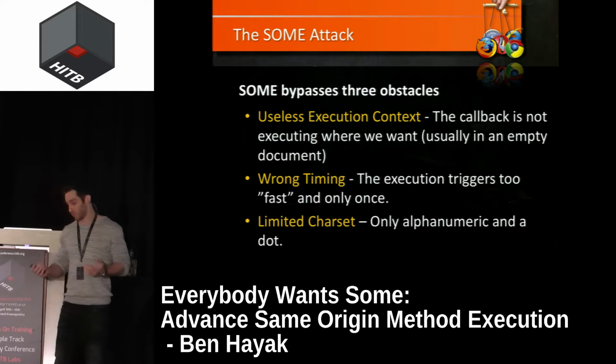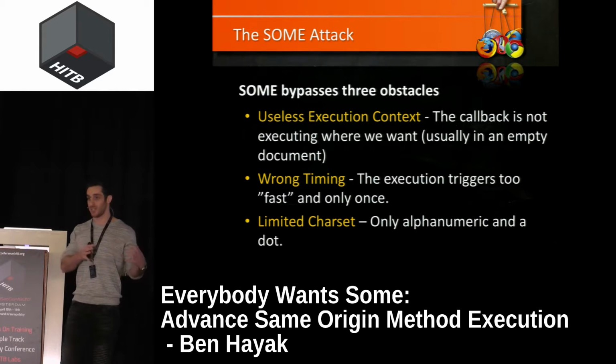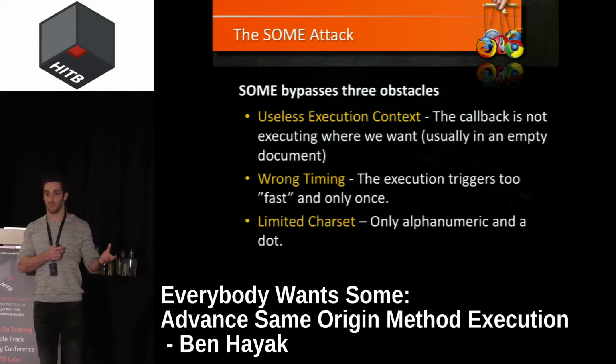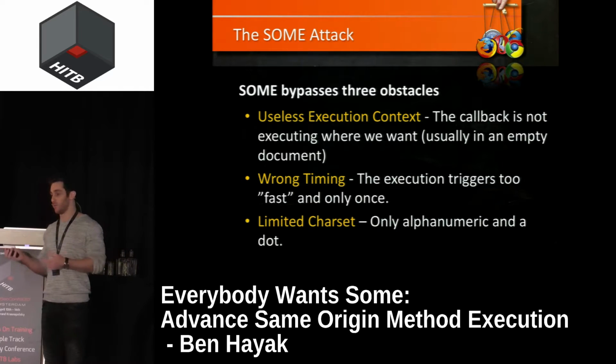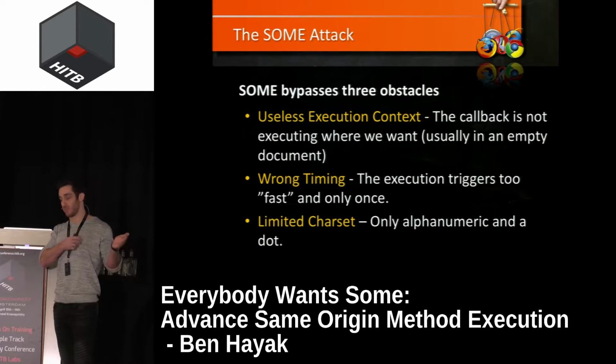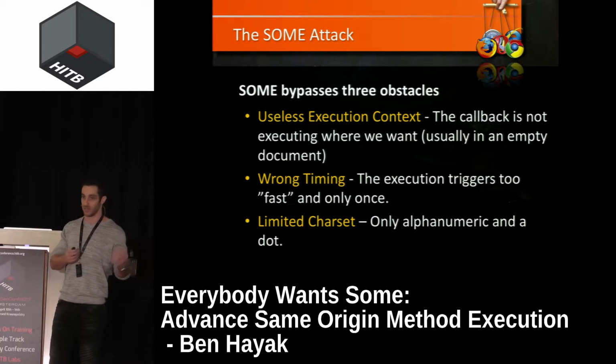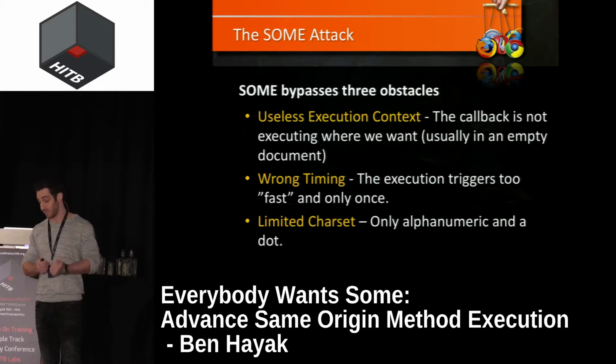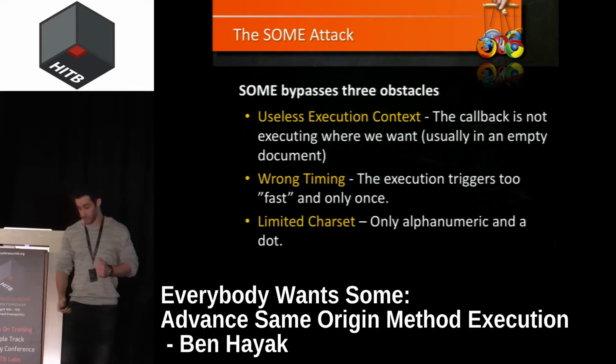You can't do anything. With the SOME attack, we select a target, we select another URL, and I'll show you how to do that. And we designate the execution, so we move the execution to that endpoint. So instead of executing in the empty DOM, it will execute on something that we want and that has meaningful operations. So this is one obstacle.